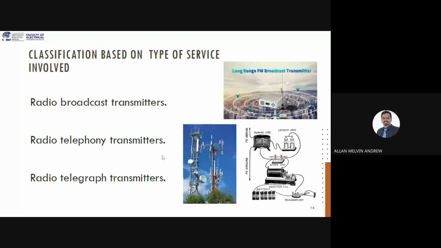Usually this telegraph key will be attached to the electronics, so it will have a battery and tuning coil and everything. It will be connected to the transmission line. It's wired, it's not wireless.